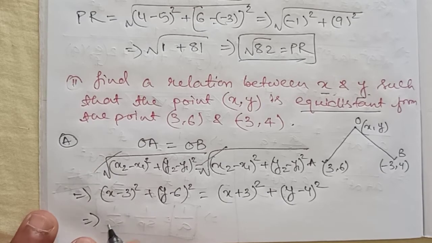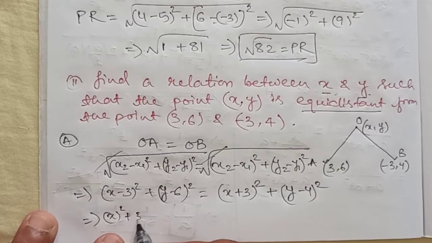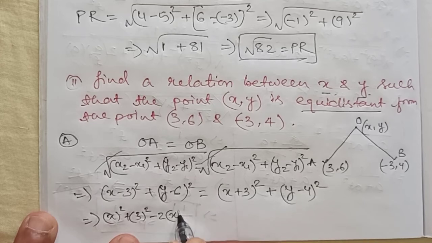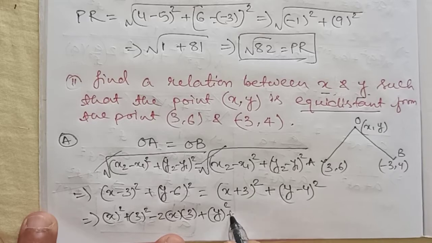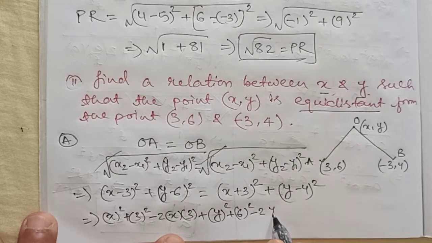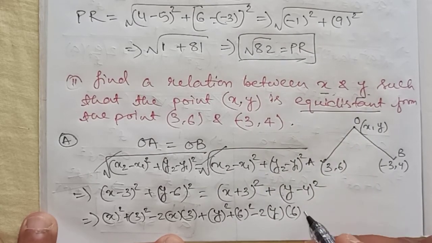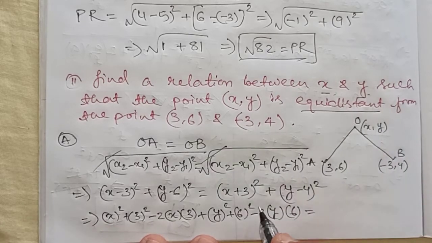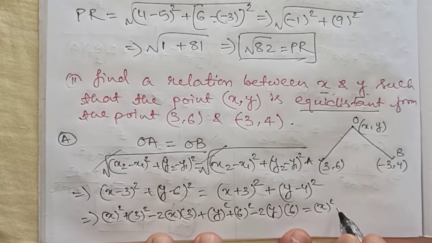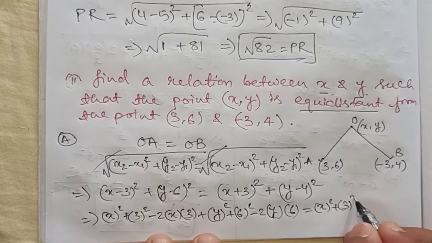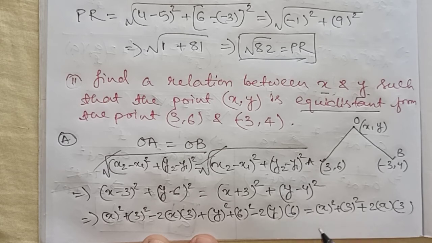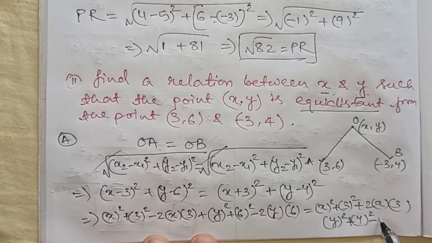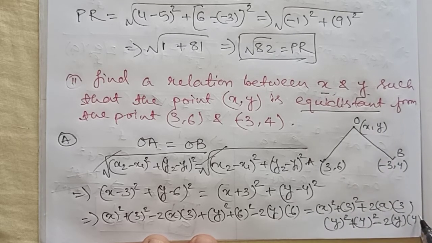Okay, use the (a minus b) whole square formula: a square plus b square minus 2ab. Then again the (a minus b) whole square formula: a square plus b square minus 2ab. Equals, here the (a plus b) whole square formula: a square plus b square plus 2ab, and here the (a minus b) whole square formula: a square plus b square minus 2ab.